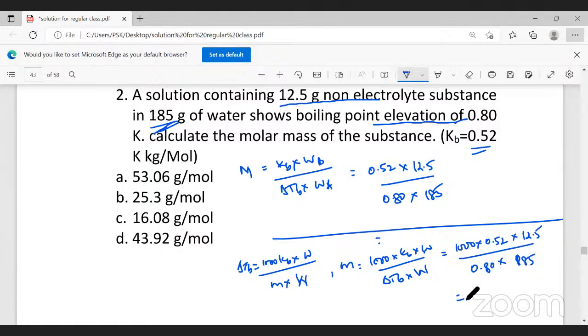If you simplify this, the answer you will get is 43.92 gram per mole. The answer for this question is 43.92.